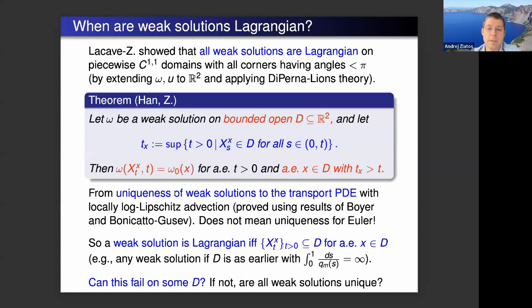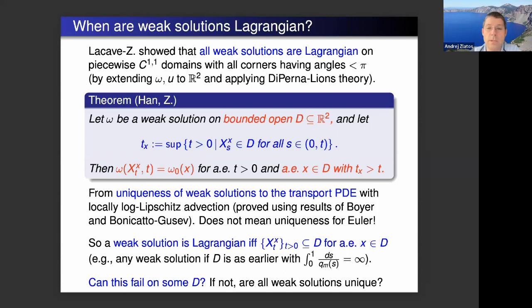And so using this, it tells you that as long as for almost all initial points the trajectory stays inside the domain, then actually the weak solution has to be Lagrangian. And so what I'm talking about does apply.